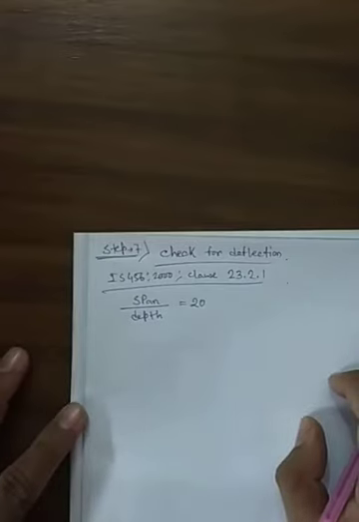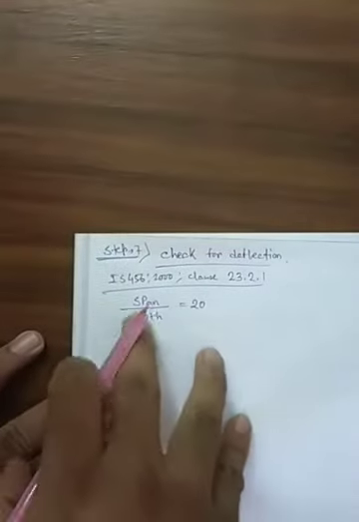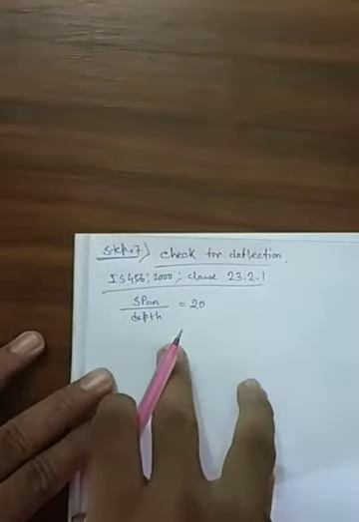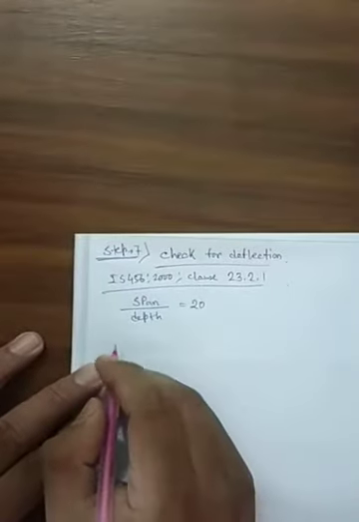And in case of continuous one way slab or continuous beam, the span by depth ratio comes 26. So our problem is based on simply supported one way slab, so span by depth is equal to 20.